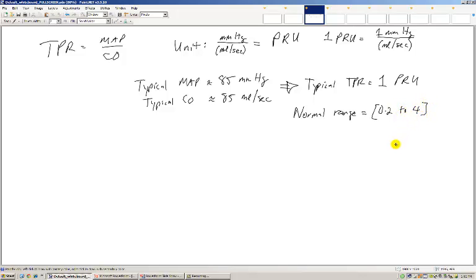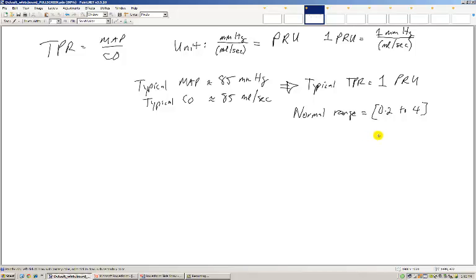That's kind of a normal range. So going from 1 to 0.2, that's dropping by a factor of 5. Going from 1 to 4, that's going up by a factor of 4. So that's a pretty wide range over which our vascular system can change the resistance of the system, right?